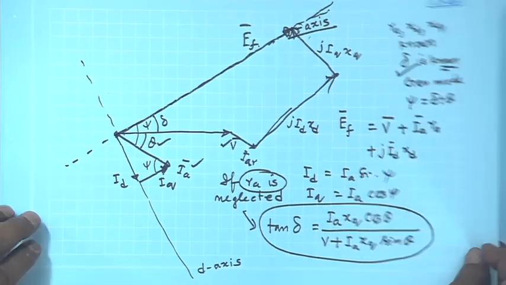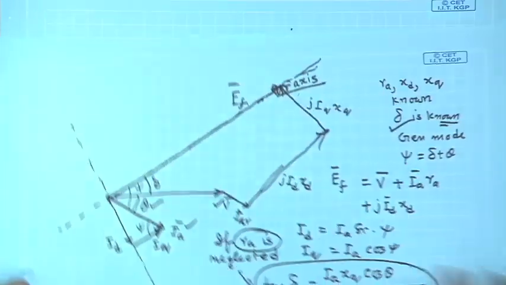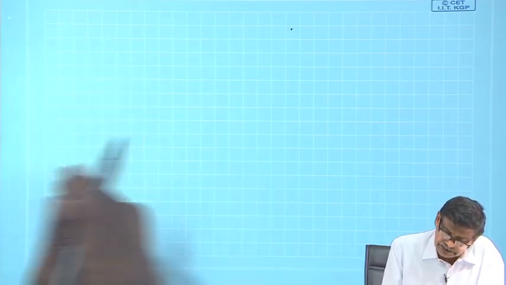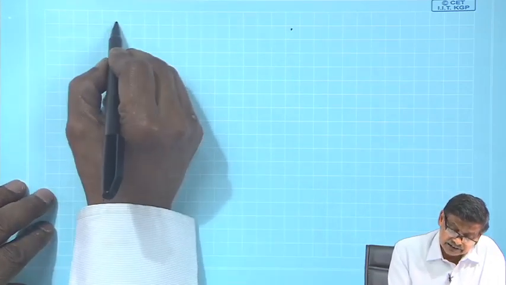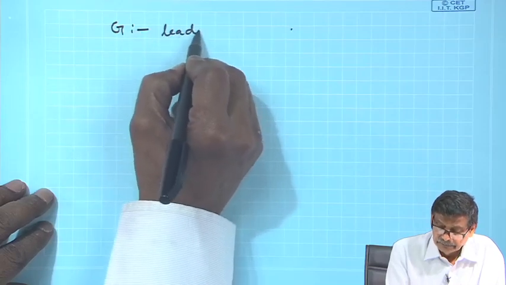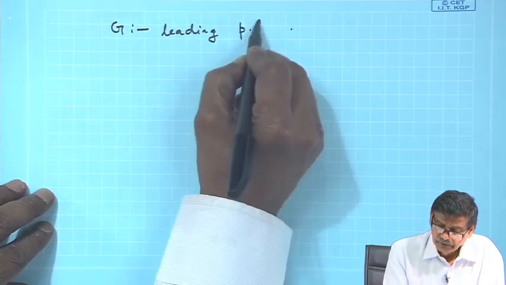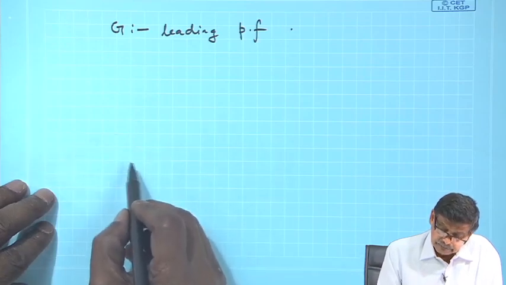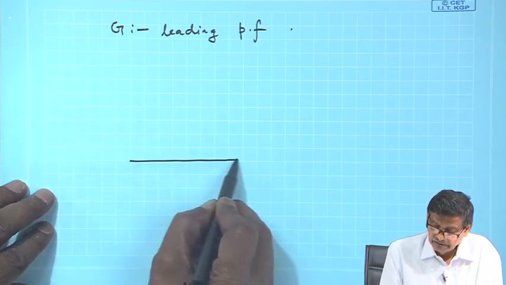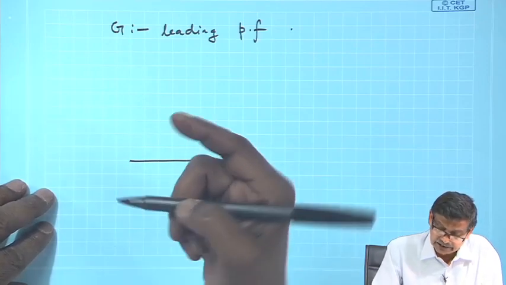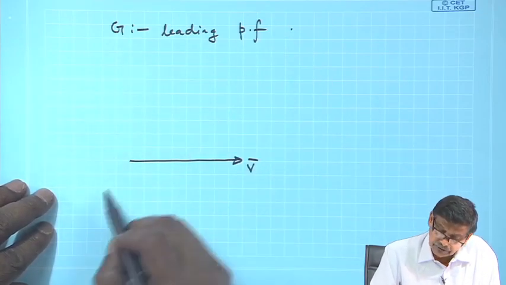But first, if time permits, generator leading power factor also we can do, but I will give you hints. For example, in case of generator leading power factor, I should do it like this. This is V, I will draw. I am just sketching, I will not do any mathematics on this phasor diagram, that is left to you to do.